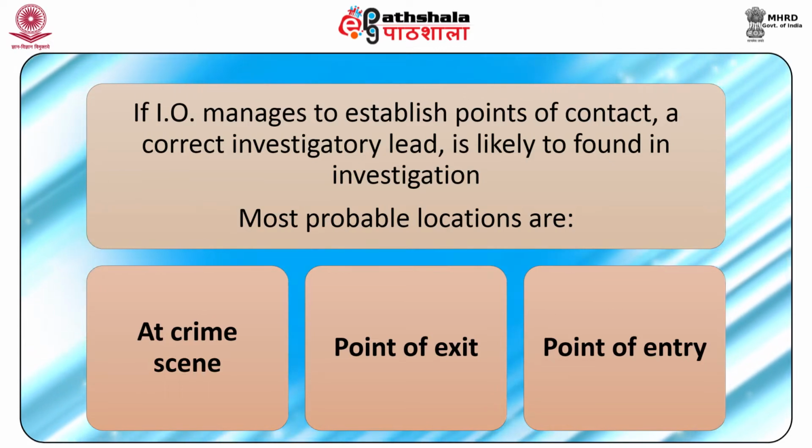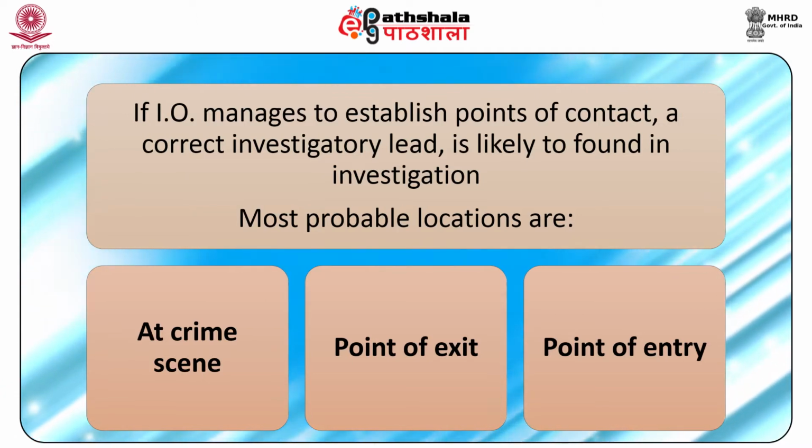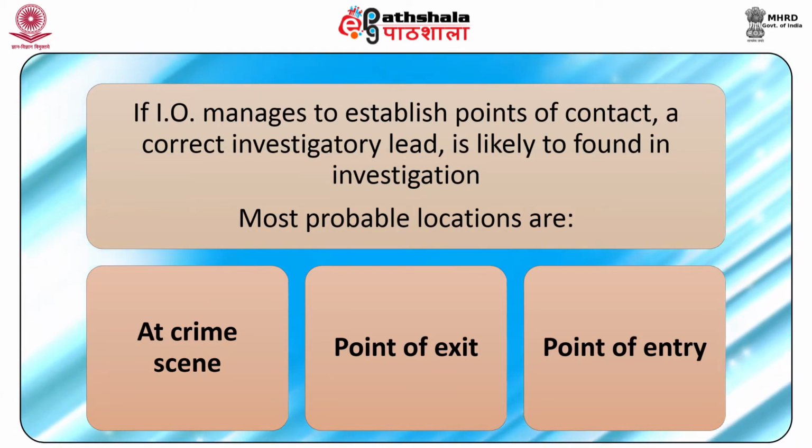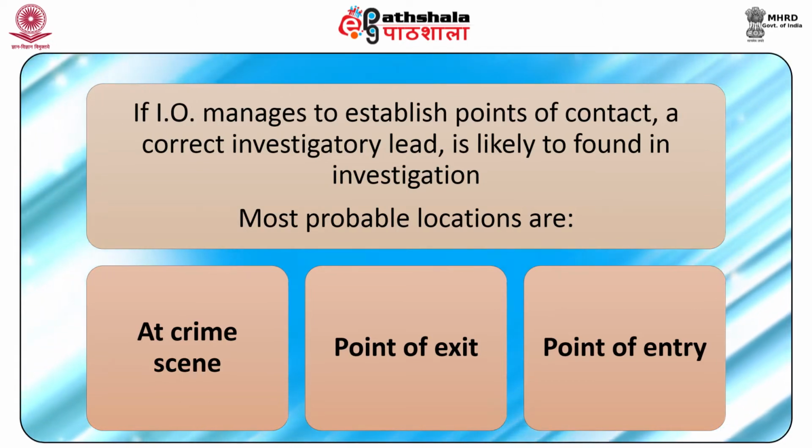The following are the most probable locations. Point of entry: if a criminal enters the premises through a ventilator, he leaves his footprints or fingerprints in dust on the shelf.